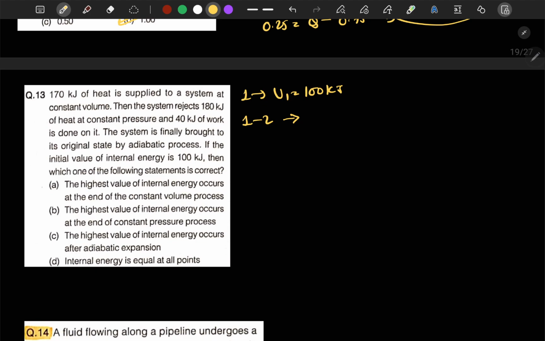We have supplied Q1 at constant volume, that amounts to 170 kilojoule. After that we have 2 to 3, where the system rejects heat of 180 kilojoule.